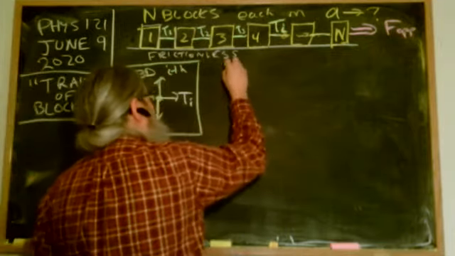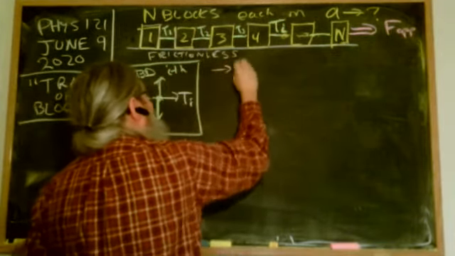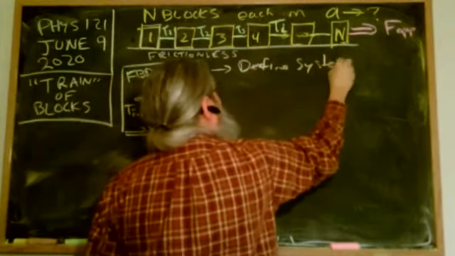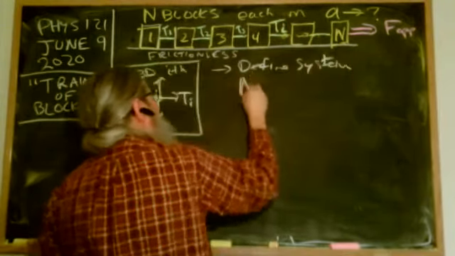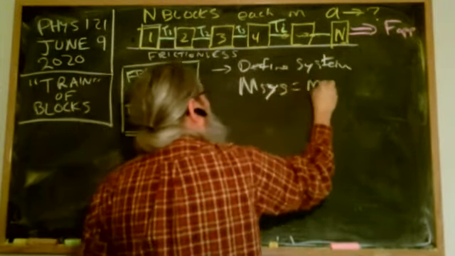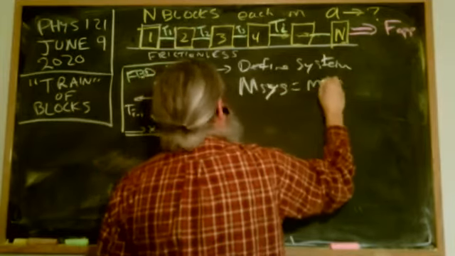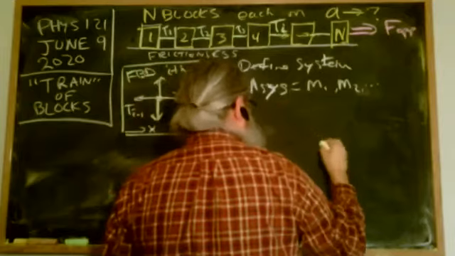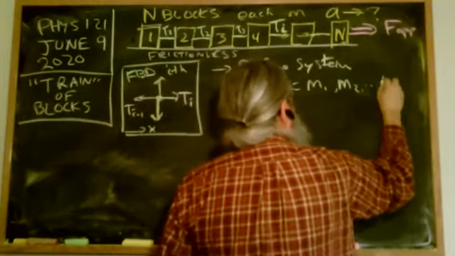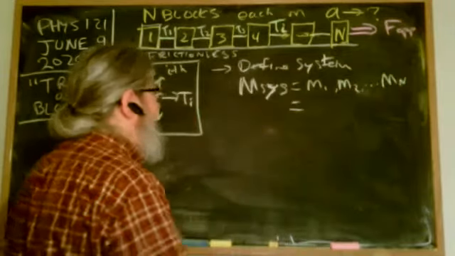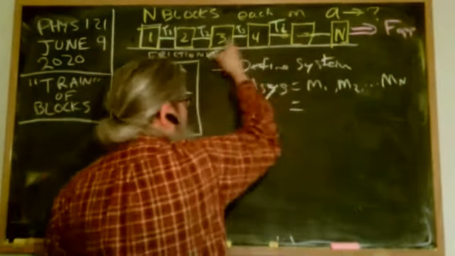So the first thing I can do is define a system, which is M_sys equals M1, M2, all the way up to M sub N. But of course, every block is the same mass.